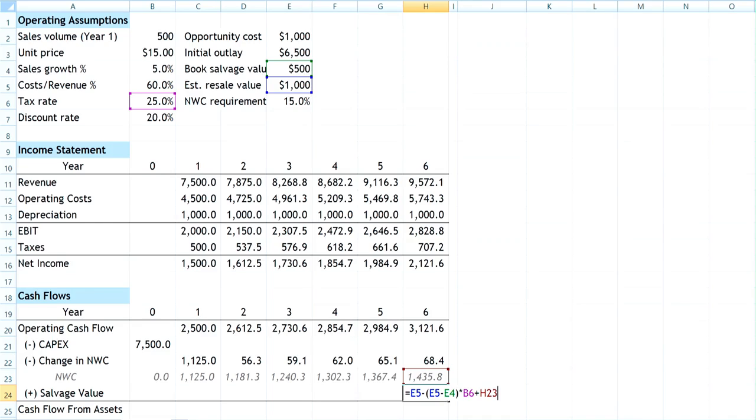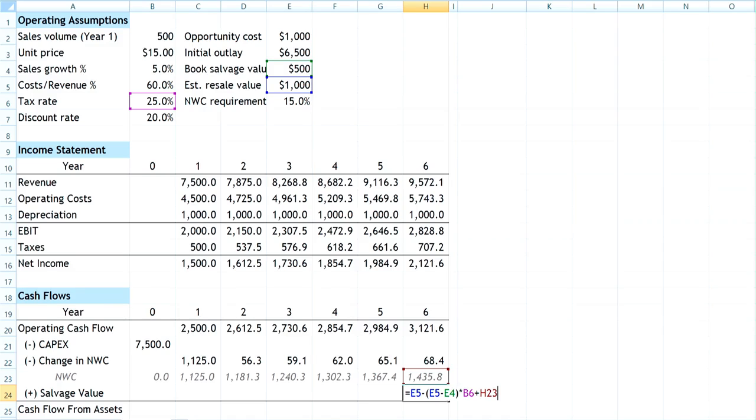Finally, we consider salvage value. A cash flow from salvage value is incurred only once in the final year of the project, so we'll work on it in cell H24 only. The first part of the formula deals with salvage value of fixed assets. We first take the estimated resale value 1,000 in cell E5, and then we consider the tax we should pay for the difference between resale value E5 and book value E4.